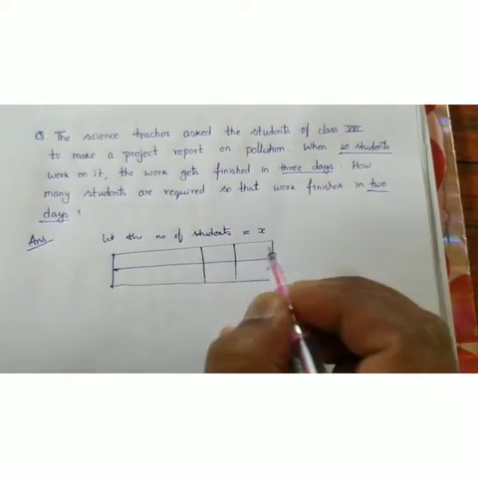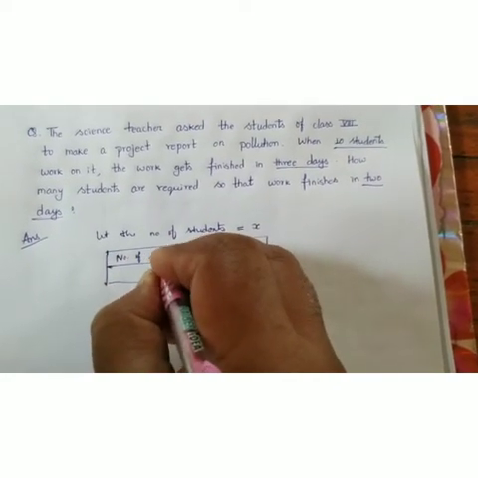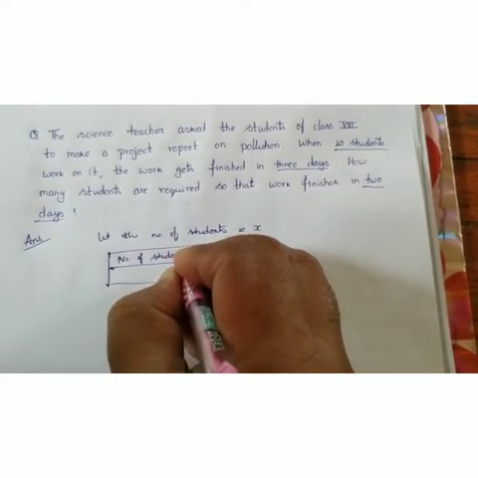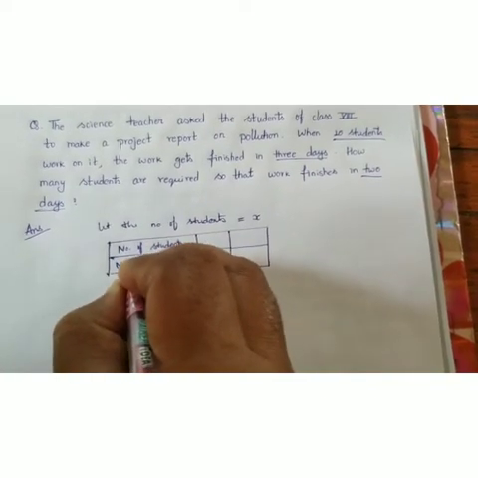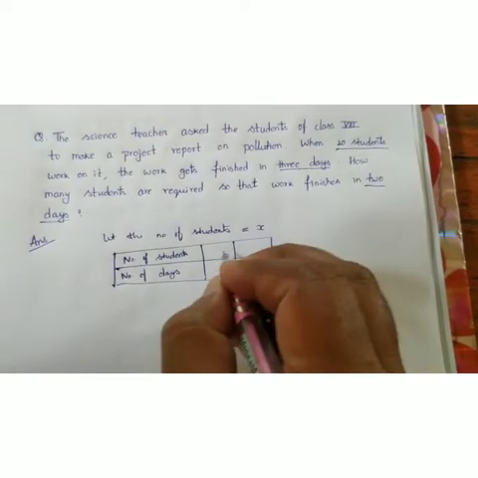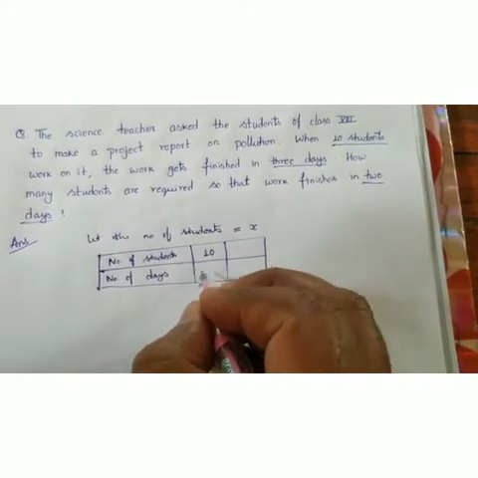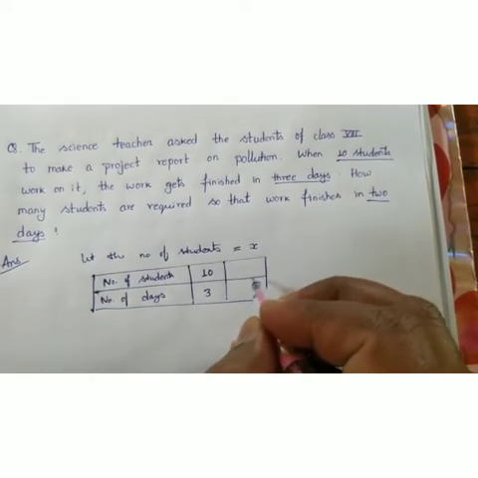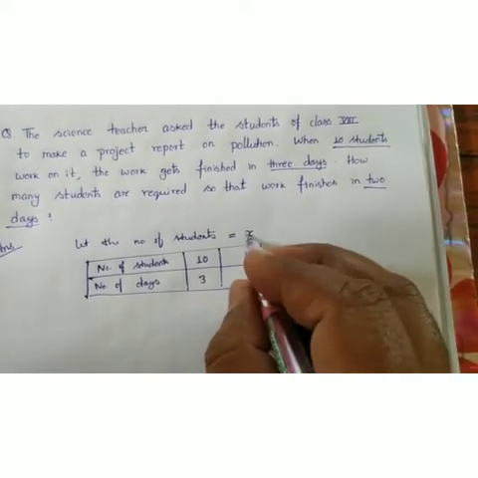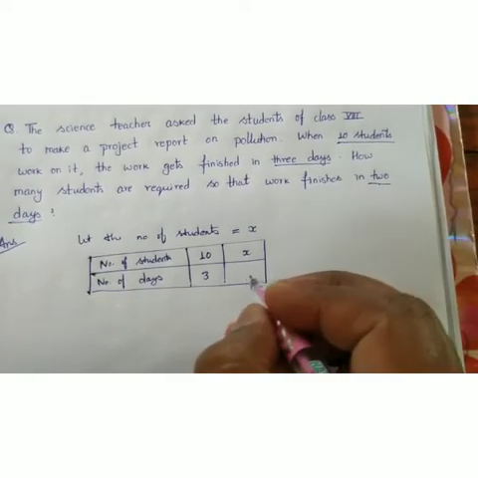We have number of students and number of days. Number of students is 10, then number of days is 3. When the number of students is x, number of days is 2.